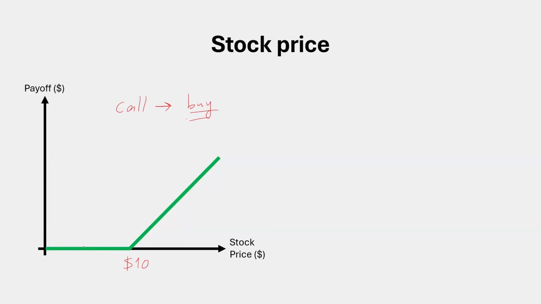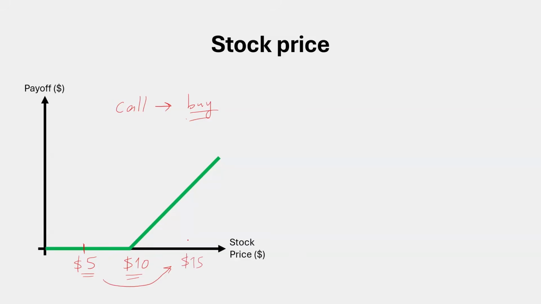And let's say the market price is at the moment $5. So with this stock price, the option contract is out of the money, because why would I pay $10, which is the exercise price of the option, while I could buy the shares in the market for $5? But let's suppose the share price jumps to 15.